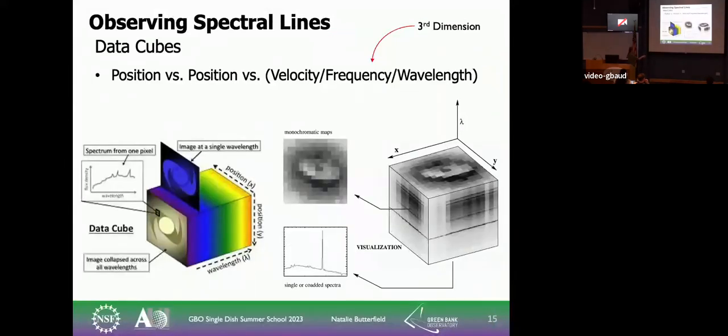You can identify what you want your channel widths to be, what bandwidth, how wide you want the coverage to be in your data cube, and how narrow you want these little steps to be. All of those can be defined when you're doing this. That's all I'm going to say on Vegas observing, since Will is going to talk more about this on Wednesday, but I wanted to introduce it since I'm talking about spectral lines.